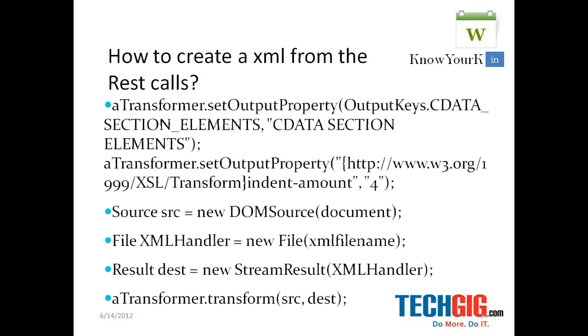This document object is then used later, where we pass this document to the DOMSource and create a source object. This source object is then used for transforming to the destination as an XML file, where you pass this parameter and we get the object out of it, where we create an XML file in your local drive.